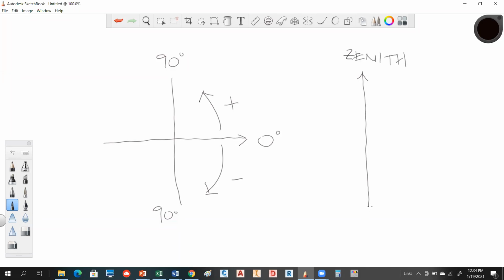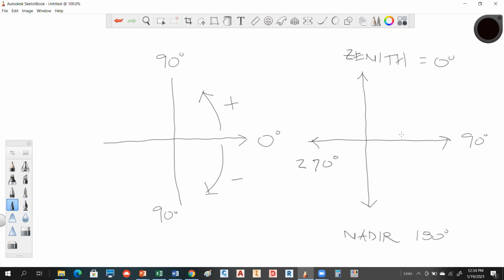If you're looking down the plumb bob string through your feet, this is called nadir. So with this system, your zenith angle is 0, horizon angle is 90 degrees, nadir is 180, and this direction is 270. Okay, so it goes from 0 to 360 around.